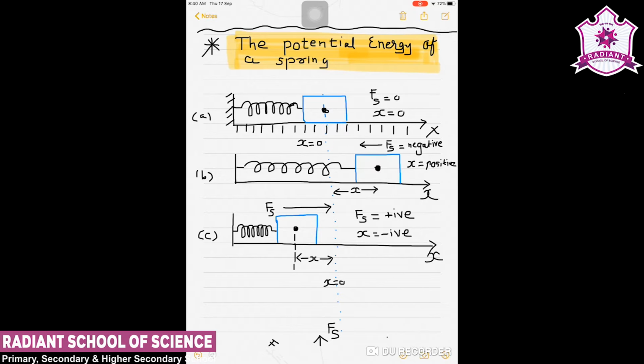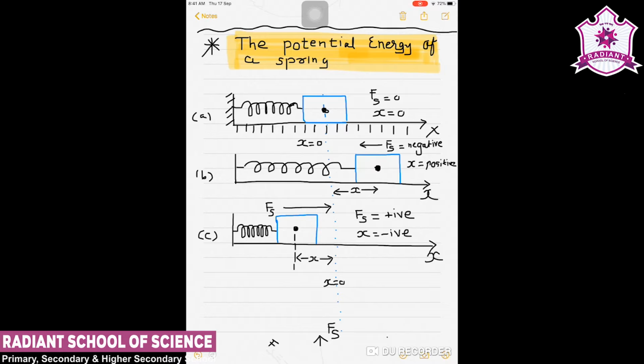First of all, we can pull it. Suppose when we pull the spring, it will experience the force of pull on the right hand side, while it will experience the internal force due to the spring towards the left side.